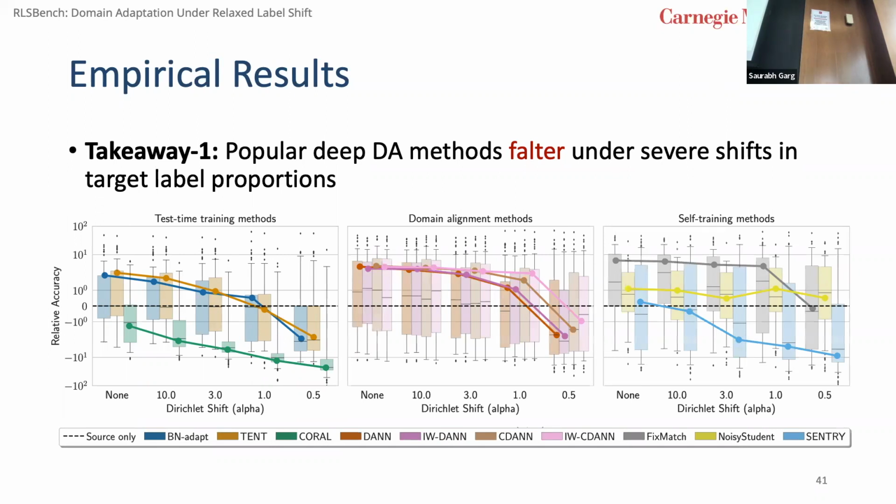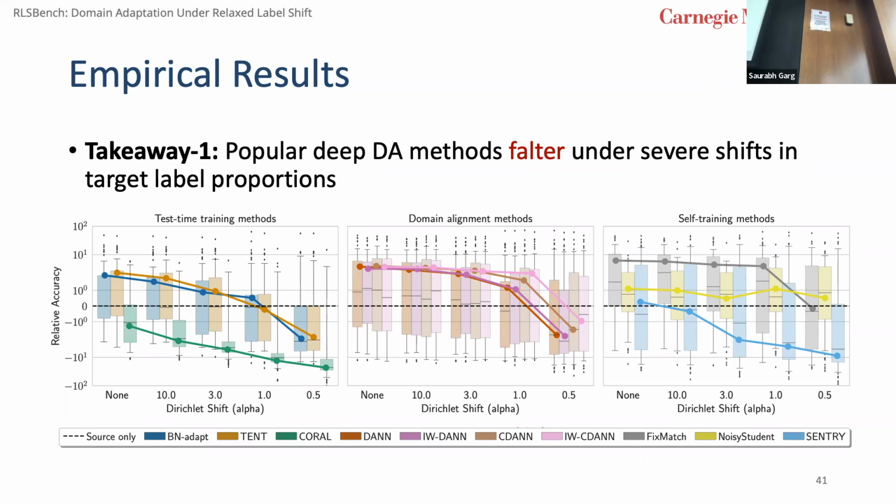Why? So for minor shifts, why would you expect it ever to be better? You're saying that as the x-axis gets further to the right, it's getting worse. Yes, even when it's anything greater than none. Don't you expect it to be worse? Maybe I'm reading the plot wrong, but the black line on the left, that's just training on the source data.